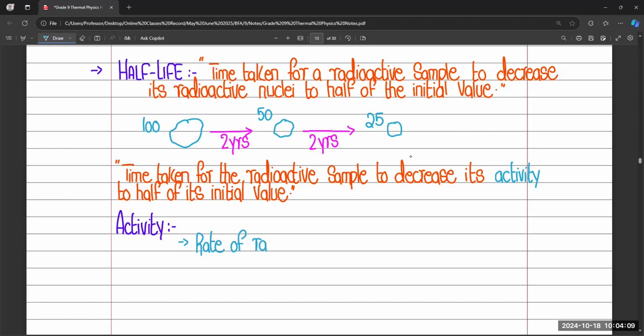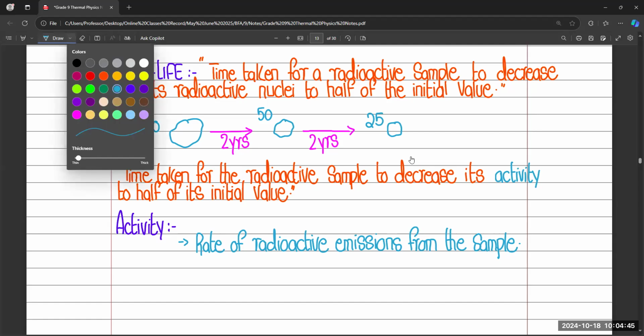of radioactive emission from the sample, right? Rate means with respect to time. The word rate always means that we are comparing some quantity with respect to time. So the word rate is very important to understand.